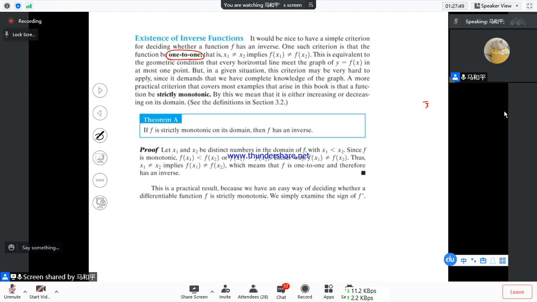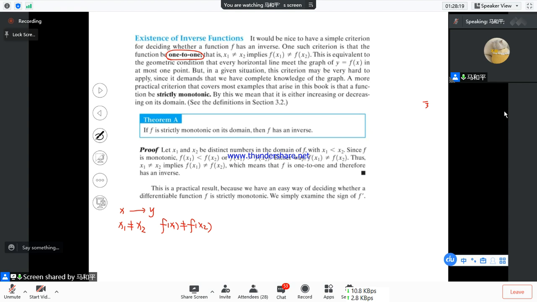This means for one x, we can output only one y. Or, if x1 is not equal to x2, this implies f(x1) is not equal to f(x2). This is called 1 to 1: input x, we have only one output y.